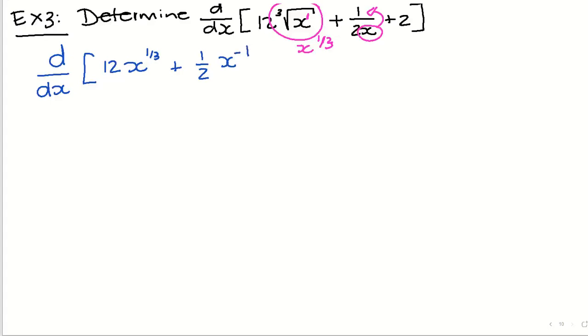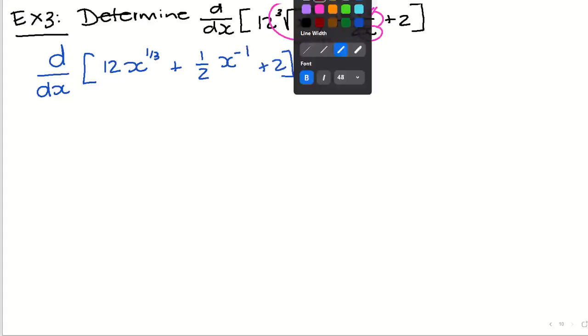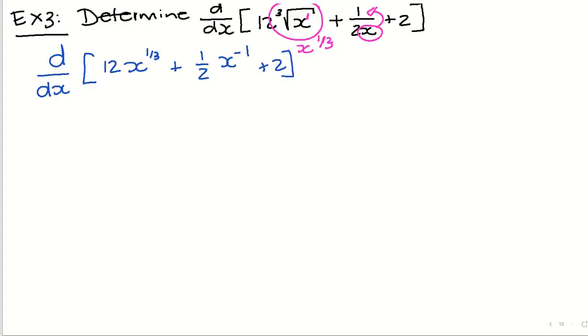It's got an invisible 1 there, plus 2. Okay, now we apply our rules. We know that this is our constant. It becomes a big fat 0. We're going to take whatever is at the top there as an exponent, times it in front, and minus 1 from it. And over here, we're going to take this, times it with what's in front, and minus 1 from it. So that is when we start applying the derivative rule.